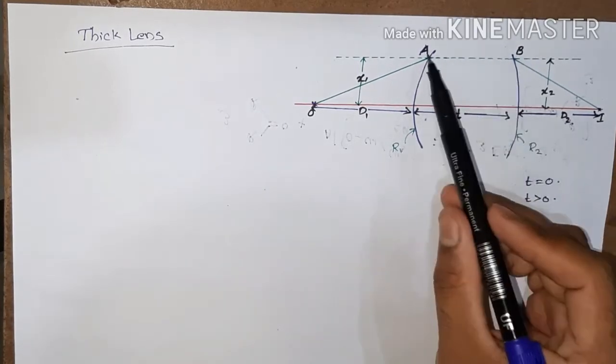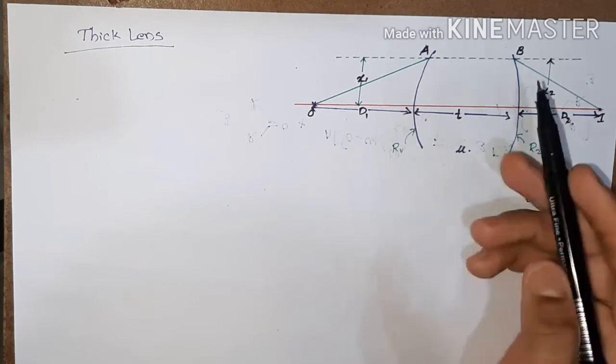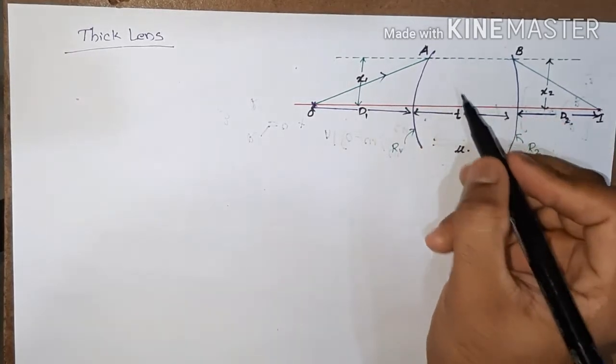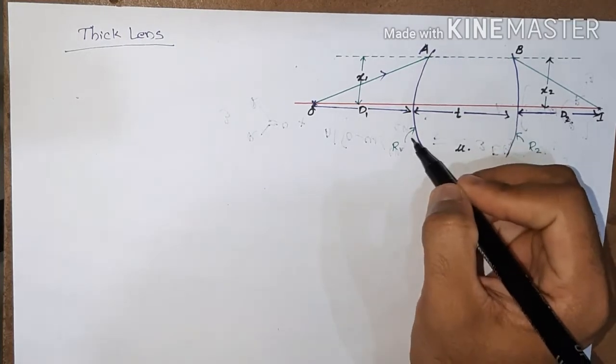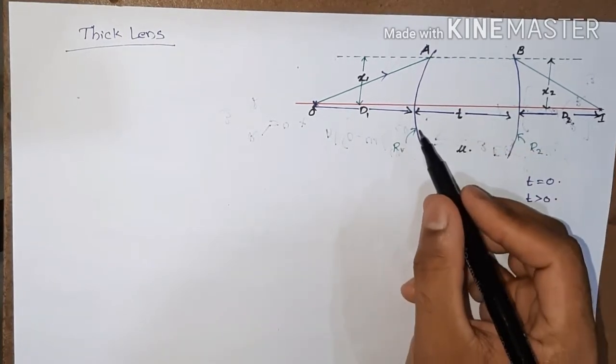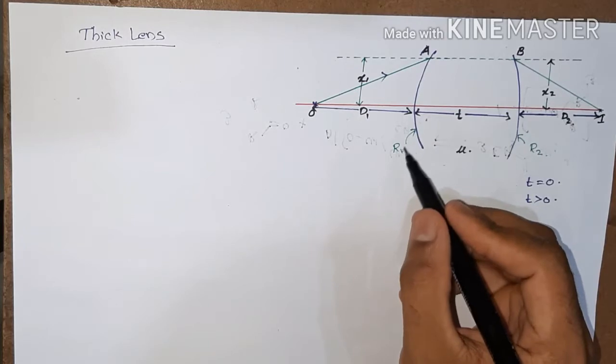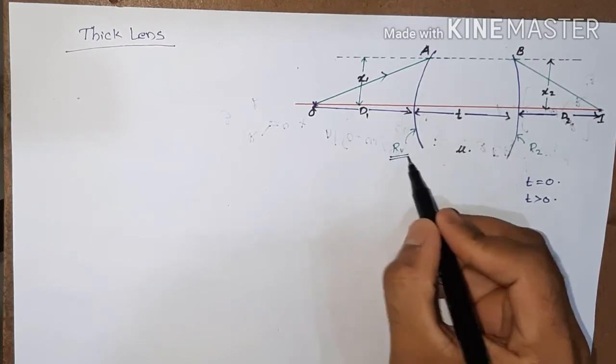At point A, the light ray enters the lens by refracting at the first refracting surface, and I am taking the radius of curvature of this first refracting surface as R1.